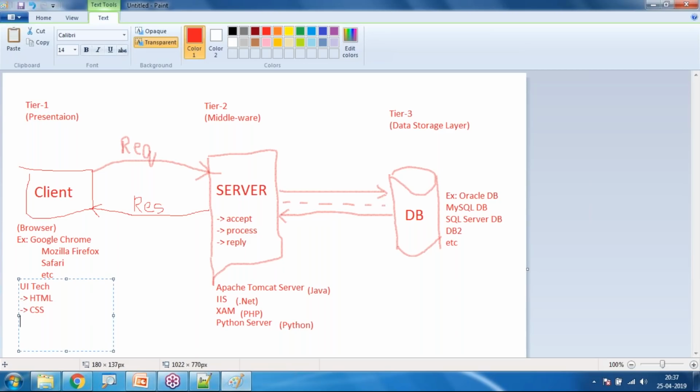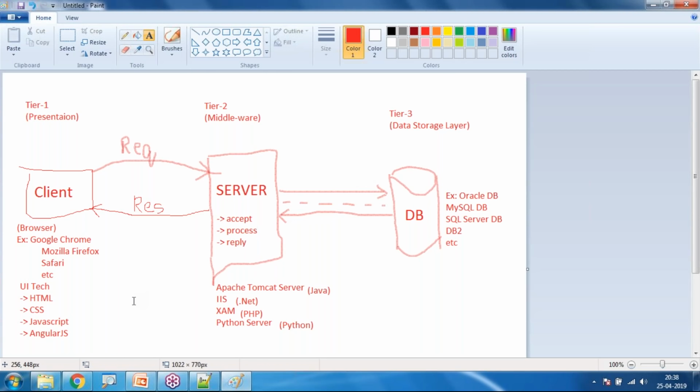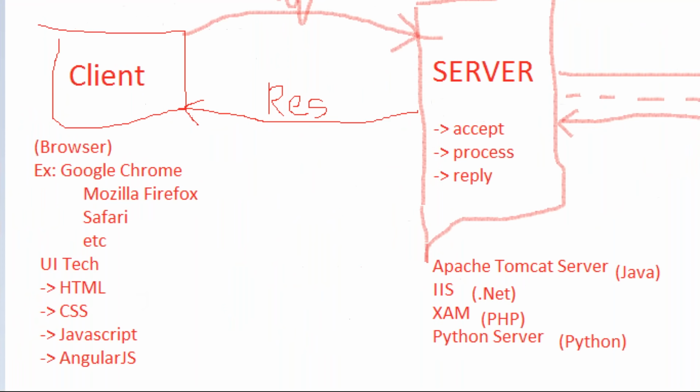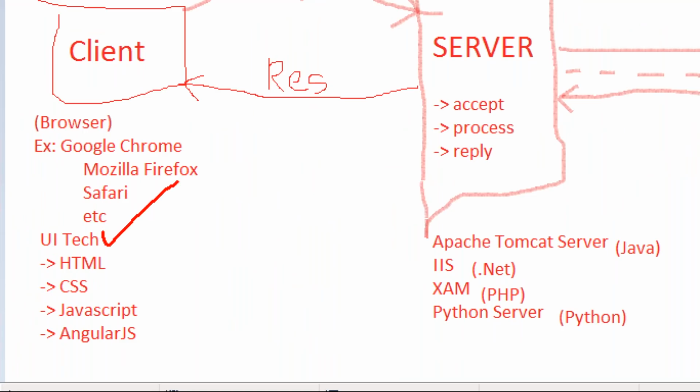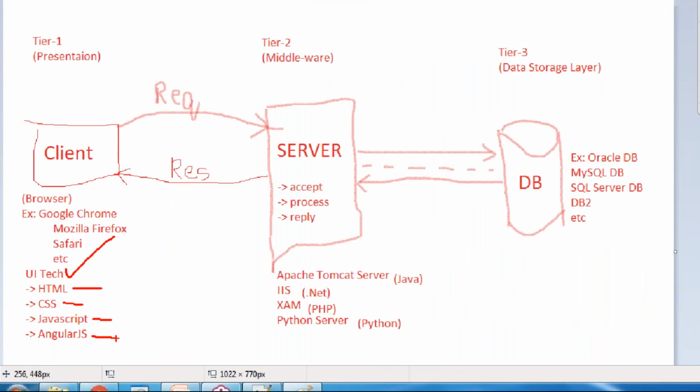Two, CSS. Three, JavaScript. Four, Angular.js. Right. These are the technologies which are used on the client to display information or data in a web page. One, HTML. Two, CSS. Three, JavaScript. Four, Angular.js.